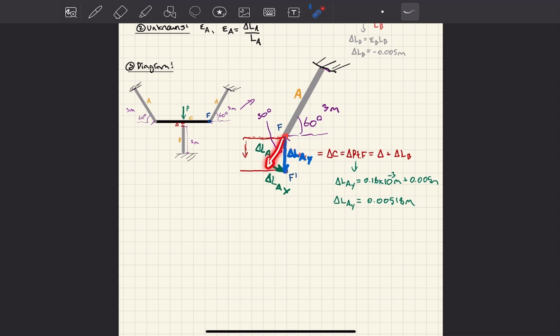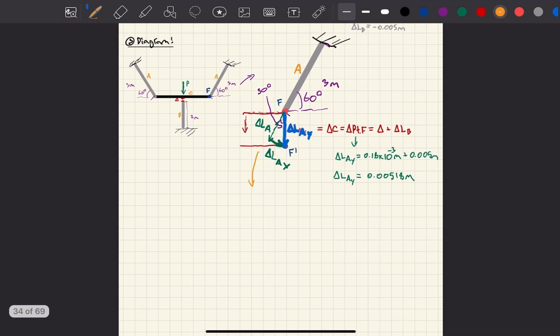Can I find this vector right here that I'm looking for, the axial change in length of bar A? Well, yes, I can. How do I do that? Simply, I think you use cosine. So from cosine, the actual change in length of bar A is equal to the y component times cosine of 30.